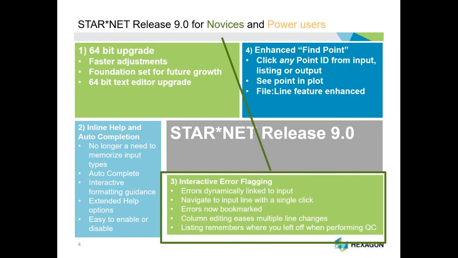Now we've got it so that it's more dynamic. You can click on an error and it jumps you to the source of the problem. It also interacts with the bookmark features and so forth. So we're just making the program more efficient and easier to use.